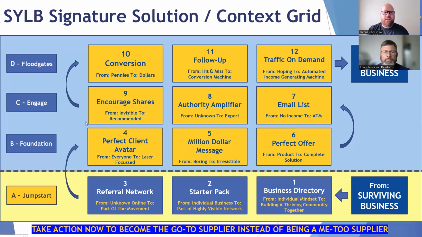So you can look at what kind of content you want to put out, and then come back to the grid and see, okay, well, the type of content you want to put out goes hand in hand with building your authority or building an email list, and you can shape it around that. Or you can say, every one of my clients can't seem to understand how to build a perfect client avatar.